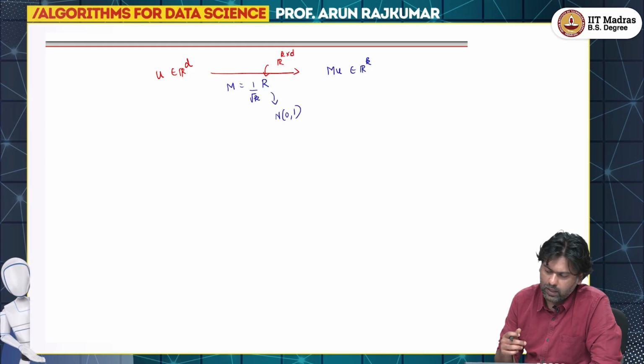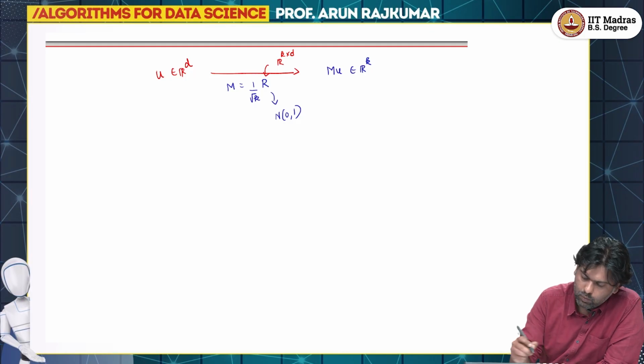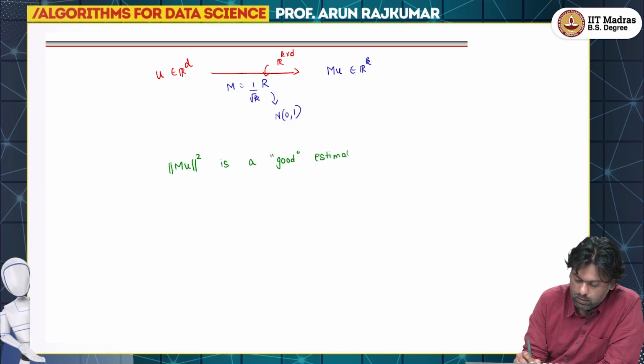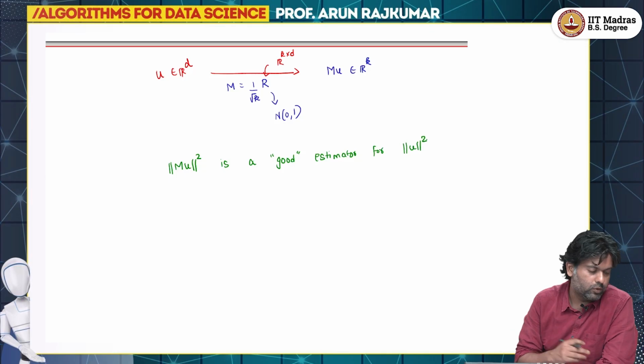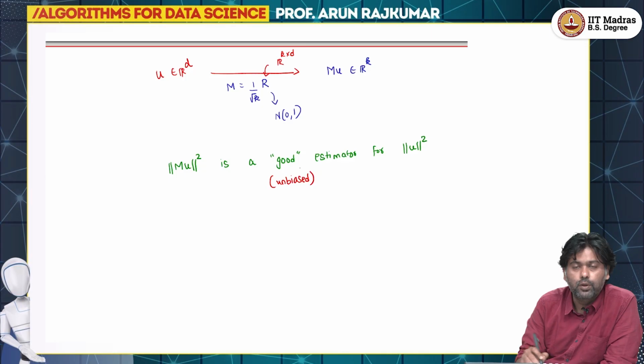And what we know is that norm of mu squared is a good estimator for norm of u squared. In fact, it is not too hard to show this is also an unbiased estimator. If you are interested, you should try showing this.